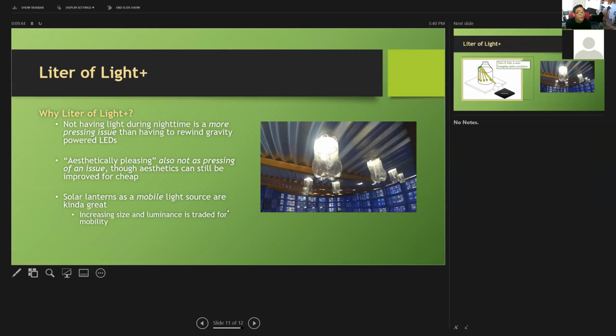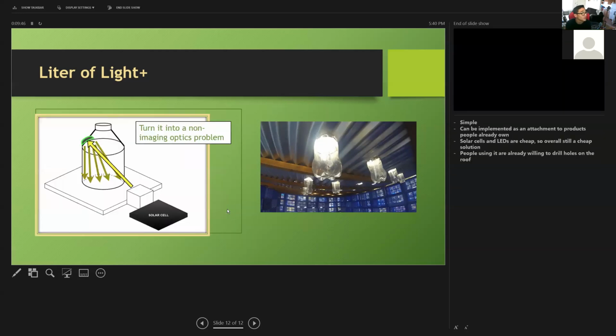So we are proposing the Liter of Light Plus, which during the day acts as a normal Liter of Light. It will be taking in sunlight and refracting it in real time during the day. But when the sun is gone, you have the system here with an LED powered by a solar cell, which is charging during the day at the same time the sun is lighting up that room.